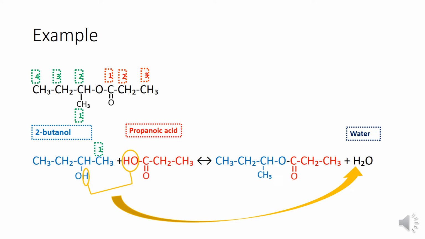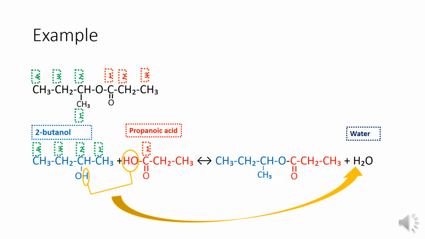Now, to name this ester, we have the alcohol starting numbering nearest to the functional group. So this is carbon number 1 and this is carbon number 2, 3, and 4. So it is 2-butanol.